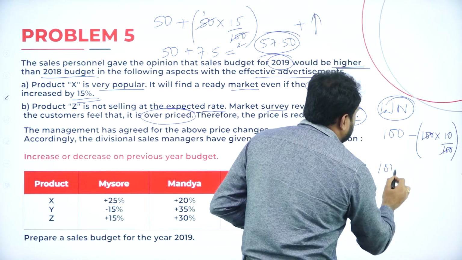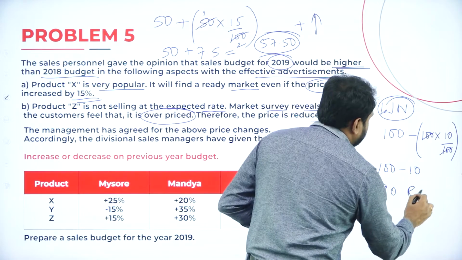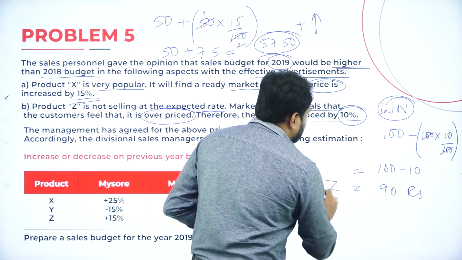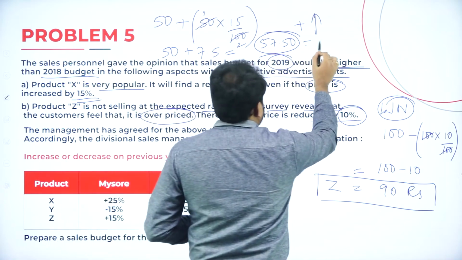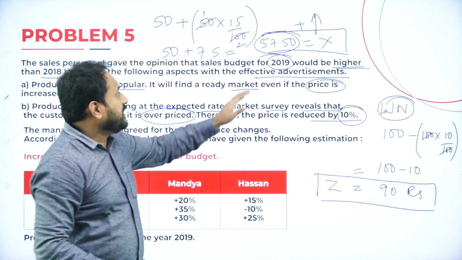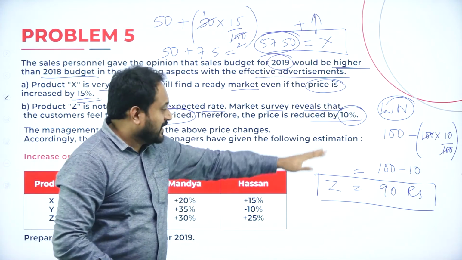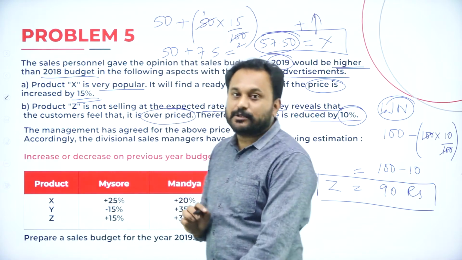Now 100 minus 10 is equal to 90 rupees. So this is product Z. Z will be how much? 90 rupees. And X is done. So we got 57 rupees 50 paisa for X and 90 rupees for Z.